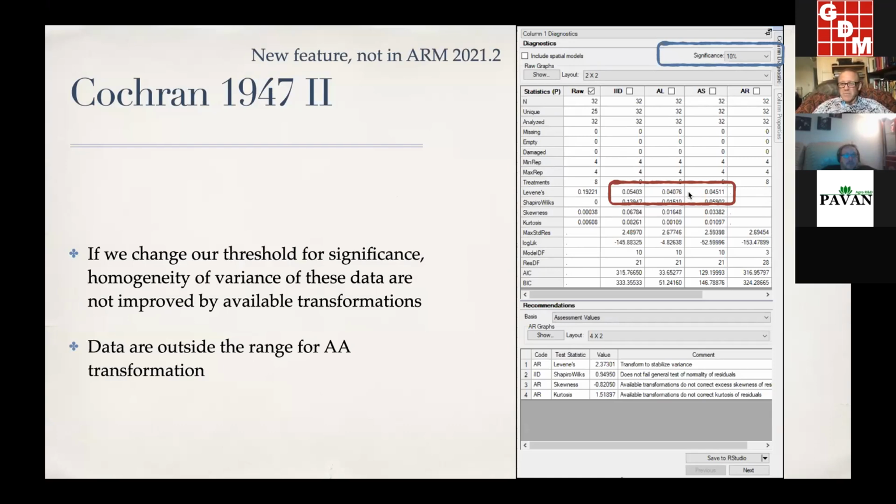And we find that we cannot correct for Levene's homogeneity of variance test using the standard transformations AL and AS. The data are outside the range of an AA transformation. And since none of these really improve upon the heterogeneity, we might again have to ignore our assumptions of the analysis of variance and go with analysis of ranks.